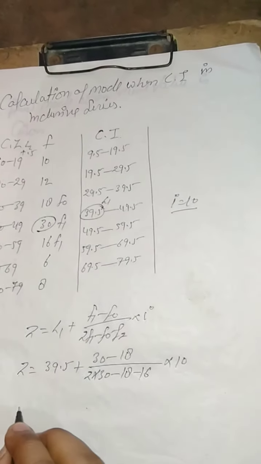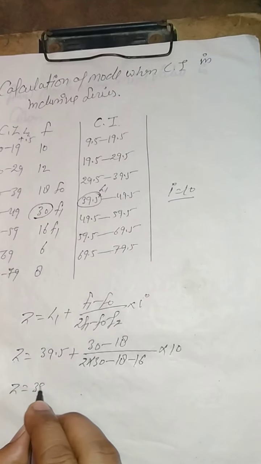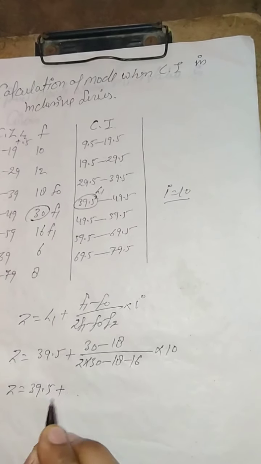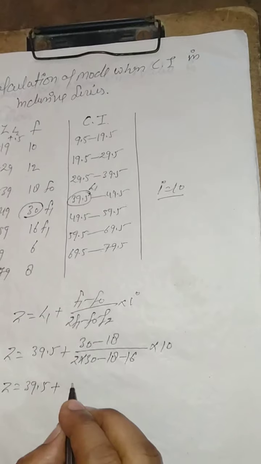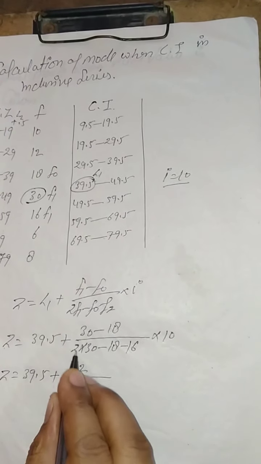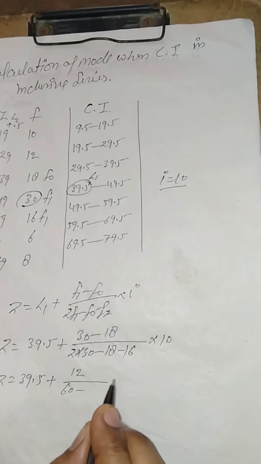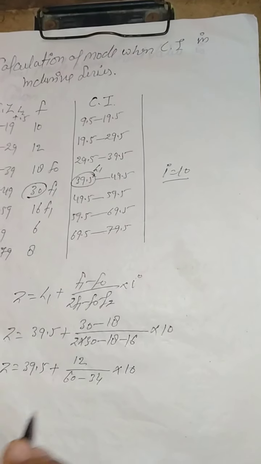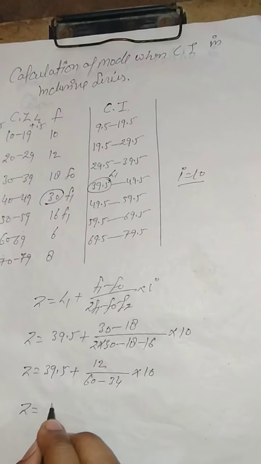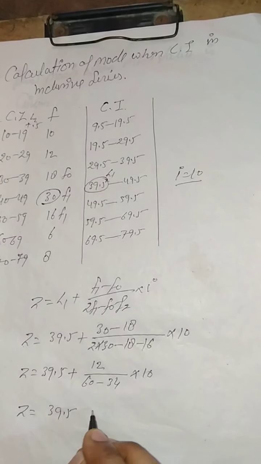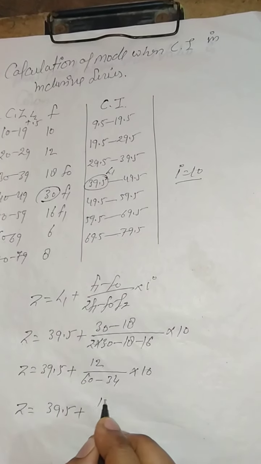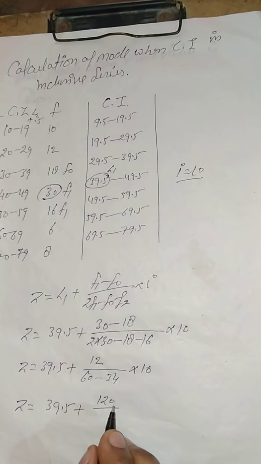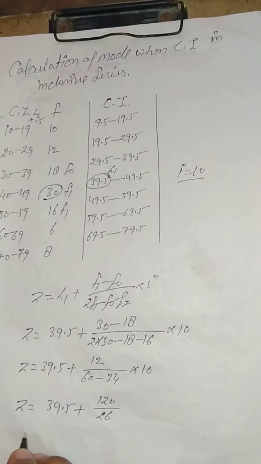So Z is equal to 39.5 plus 30 minus 18, 12, divided by 60 minus 34, into 10. So Z is equal to 39.5 plus 120 divided by 26.